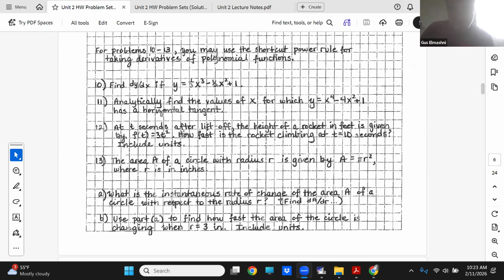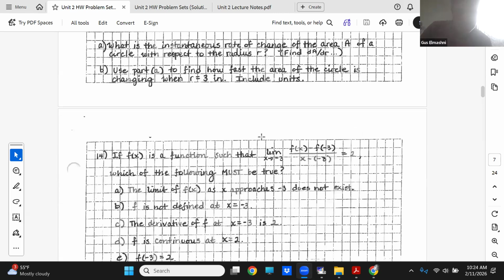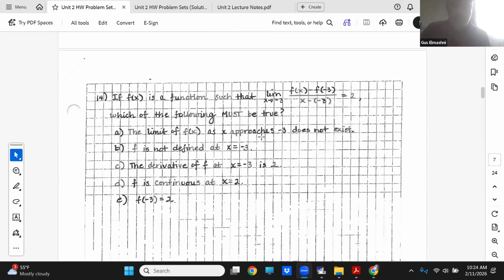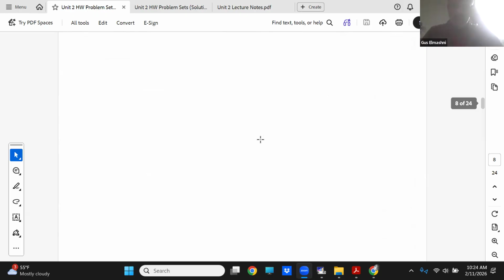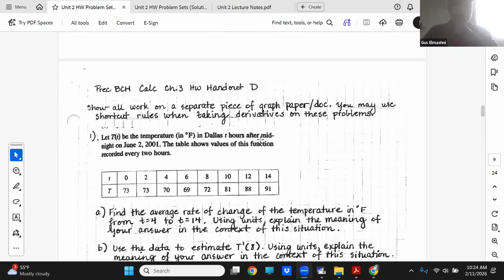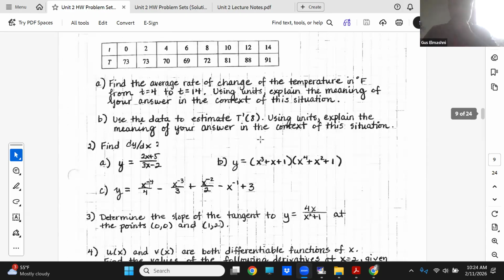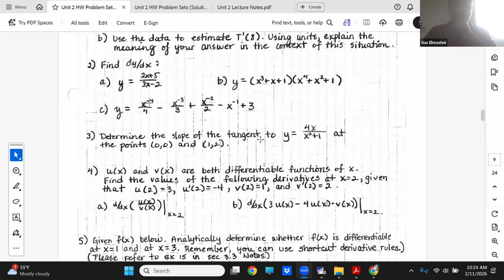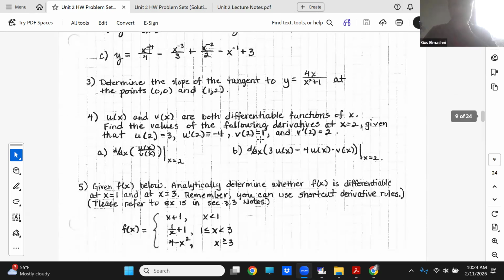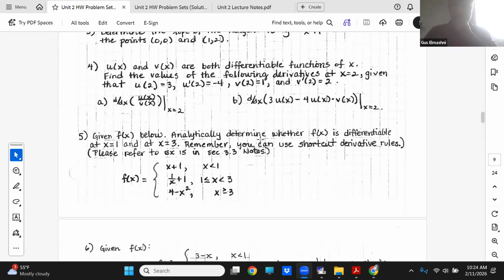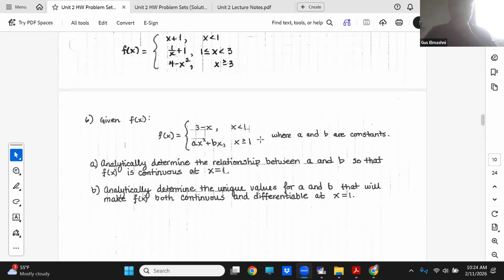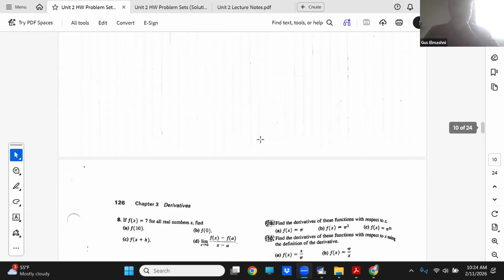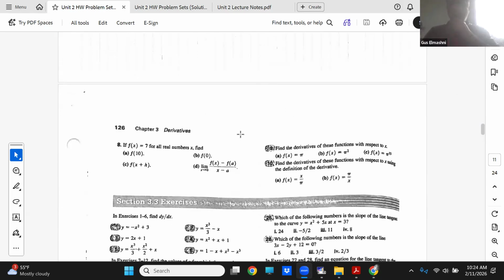We've not done shortcut rules, not quite yet. I think this will be the rest of handout C. Let me think about it.